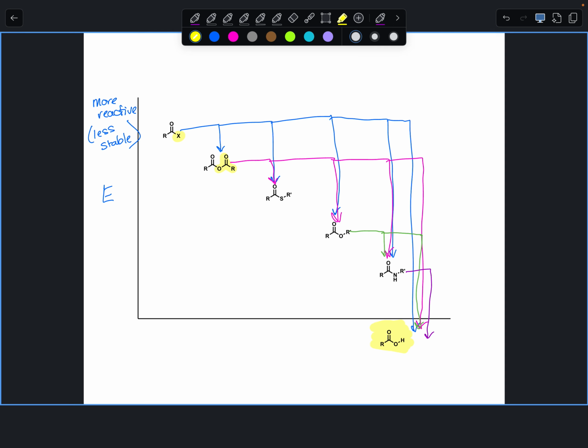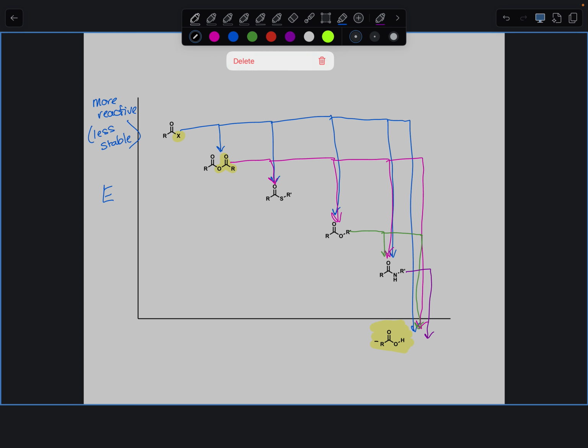So pick whichever carbonyl you want to be the electrophile. I'm going to pick this one, which means that this is my leaving group. Forget that it's attached to the other carbonyl through the chain. It's the leaving group. It's going to leave that carbonyl carbon.